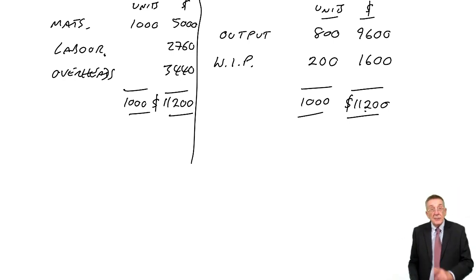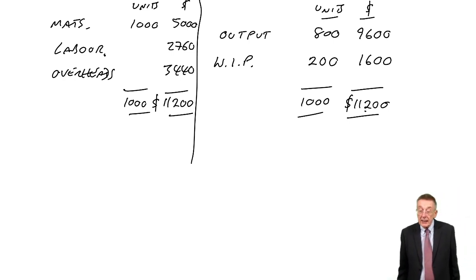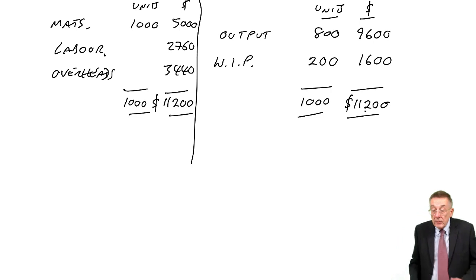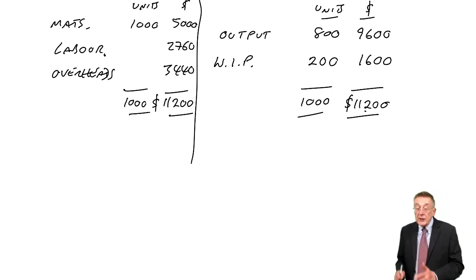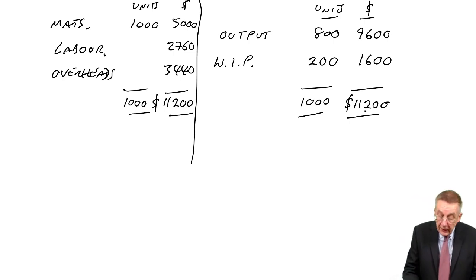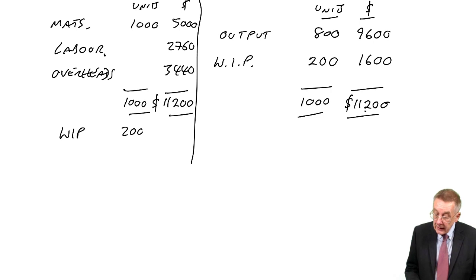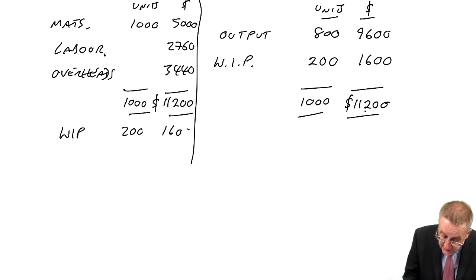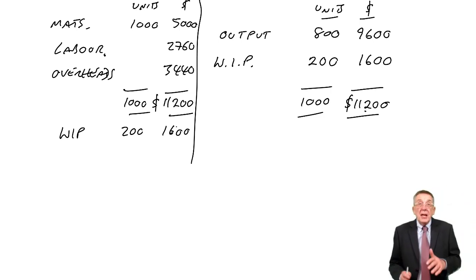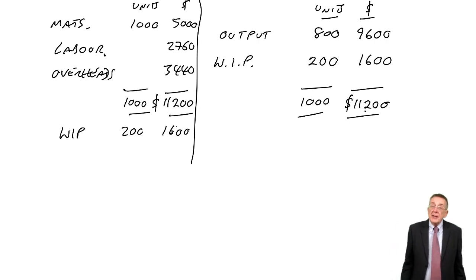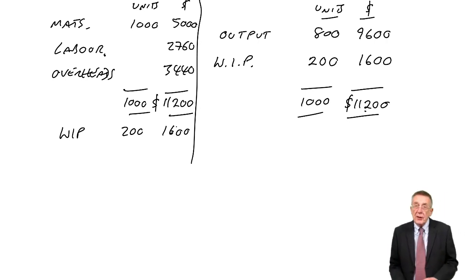So there we are, except, rather importantly for what's coming, at the end of that month, there are 200 units in work in progress, or inventory effectively, on which we spent 1,600. Next month, we would start with 200 units. We'd already spent 1,600, and of course, next month, part of the money spent would be to finish those 200.